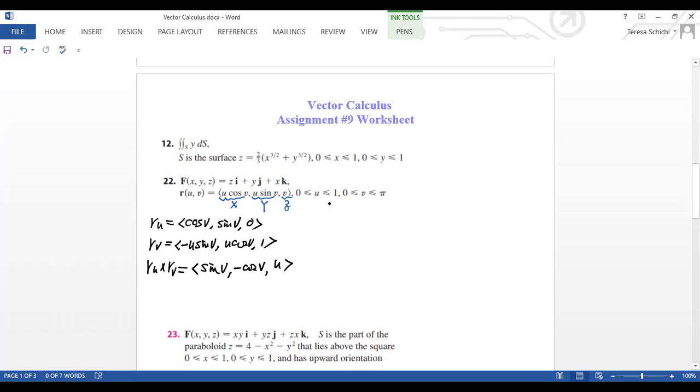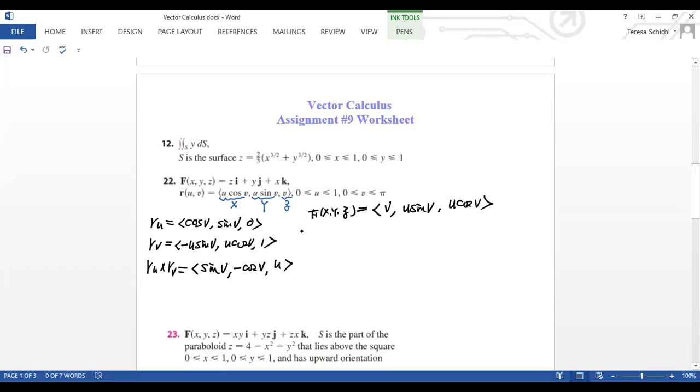All right. So now I need to find what is my F of x, y, z. The i component is z, so what I have here is v, right? The j component is y, so what I have here is u sine v. And what is x here? x is u cosine v. Correct?